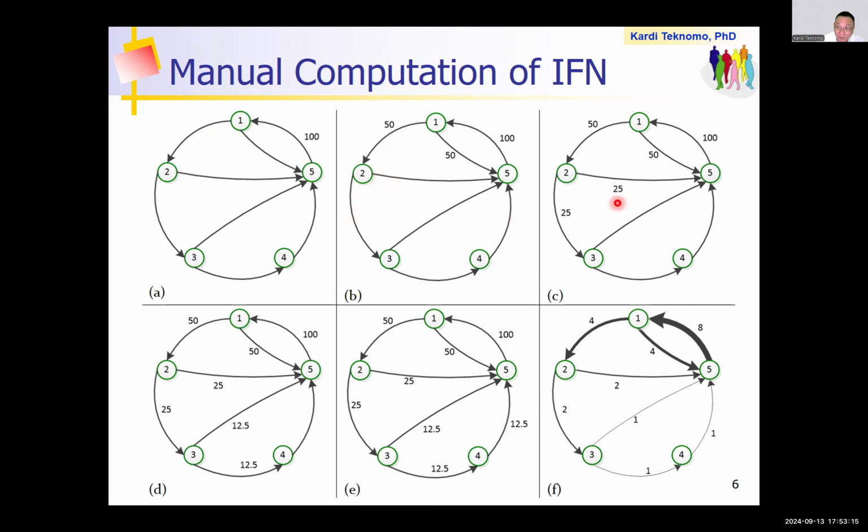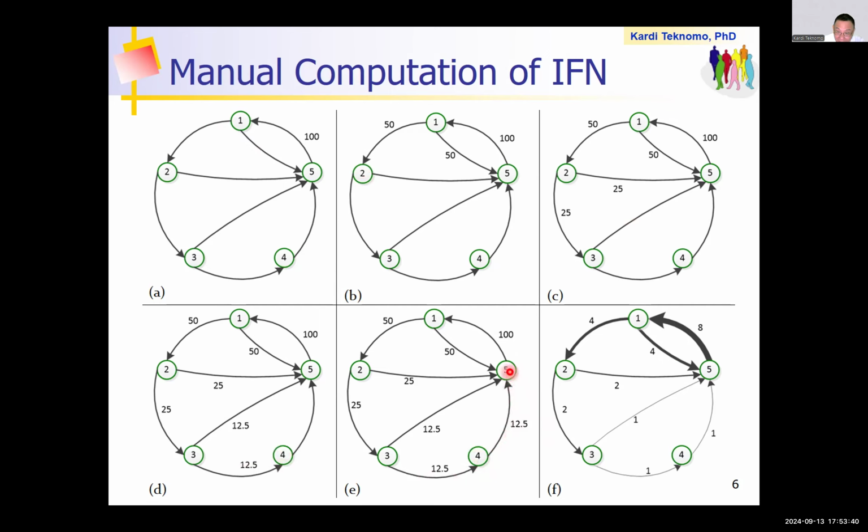Clear? Okay. Next, 25 here. Again, divided by 2, because this has 2 links. So you get 12.5, 12.5. Now, reach node 4. This one, there is no other link, right? So you just continue. Is it clear or not?